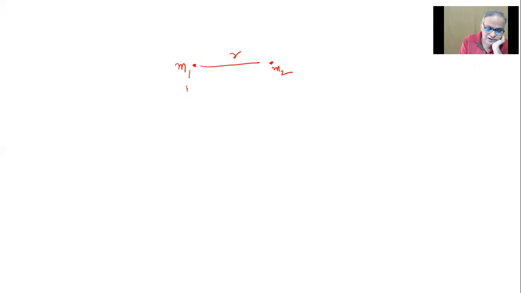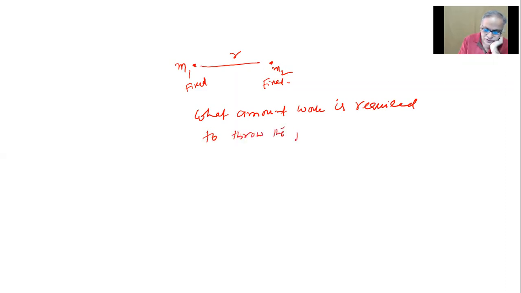They are fixed, which means they are held by some other force. What amount of work is required to deassemble the system, or to throw the particles to infinity?